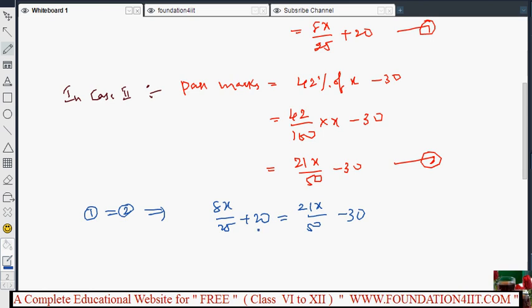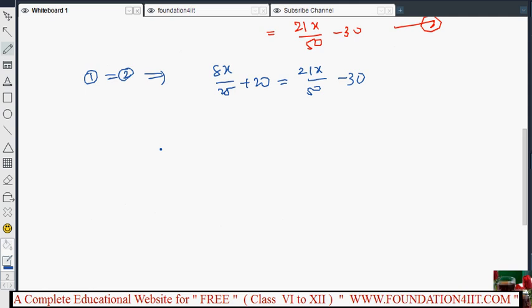Okay, if we take the variables to one side and solve, now you need to solve this. That is 21x by 50 minus 8x by 25 is equal to 20 plus 30.